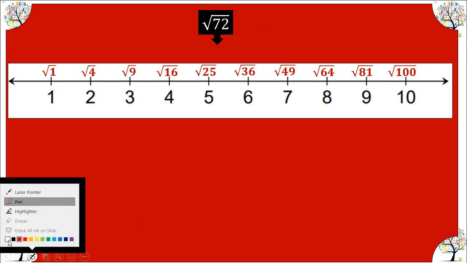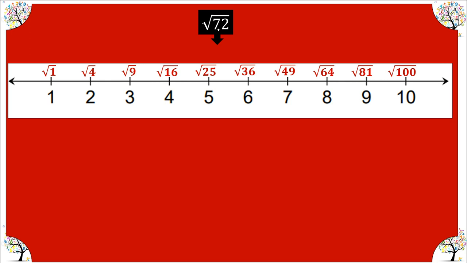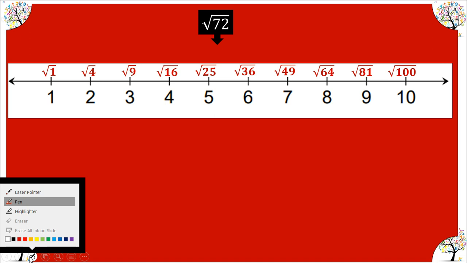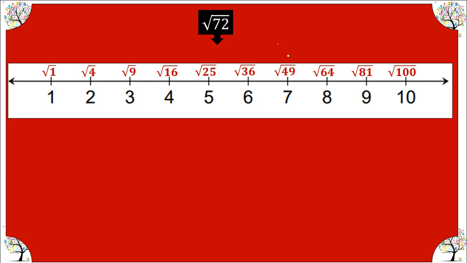Okay, let's try another one. So we have 72. Let's see if we can just use a pointer. Nope. Okay, so 72, again, the first step is to find the two perfect squares.